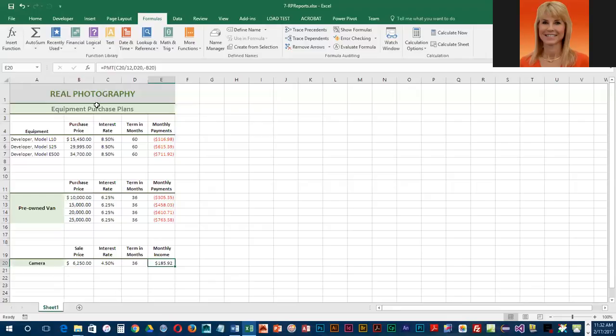So if the owner of Real Photography sells the camera for this price instead of purchases the camera, this is how much money he's going to make every month. So by negating this value for B20, that's the amount he's going to receive instead of spend. So that is why we had to put the little minus in there.